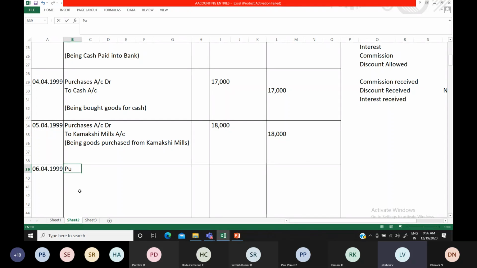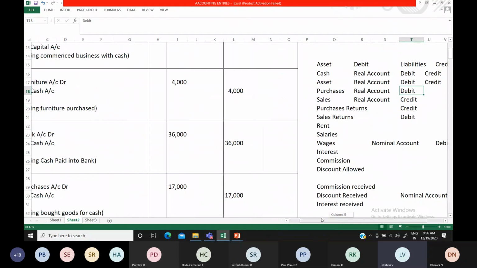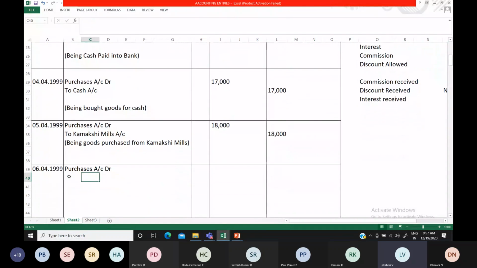They have purchased the goods, so the purchases account we have to debit. By default, the purchases account will be debited only, because goods are coming into the business. And to what account do we have to credit? If it is for cash, the cash account is credited.